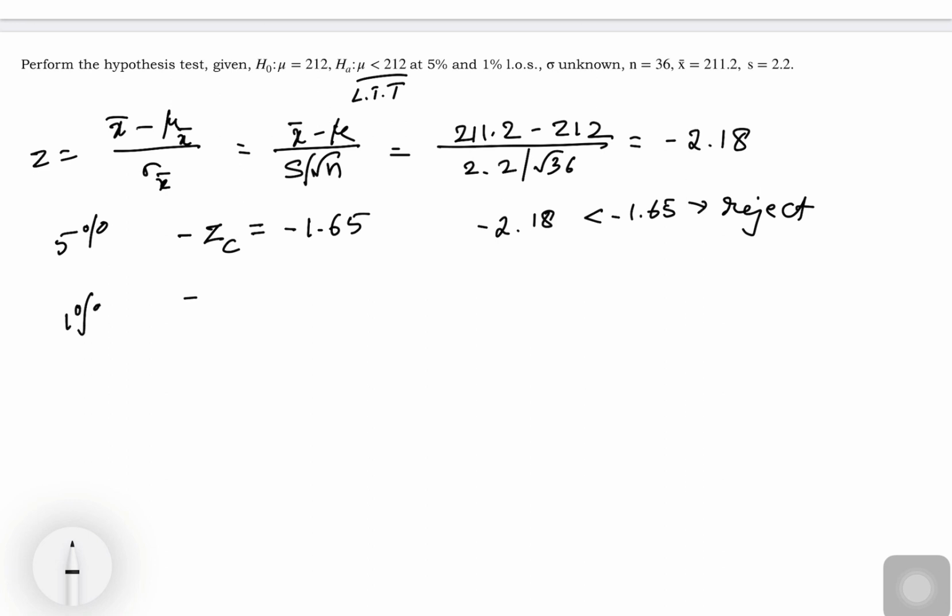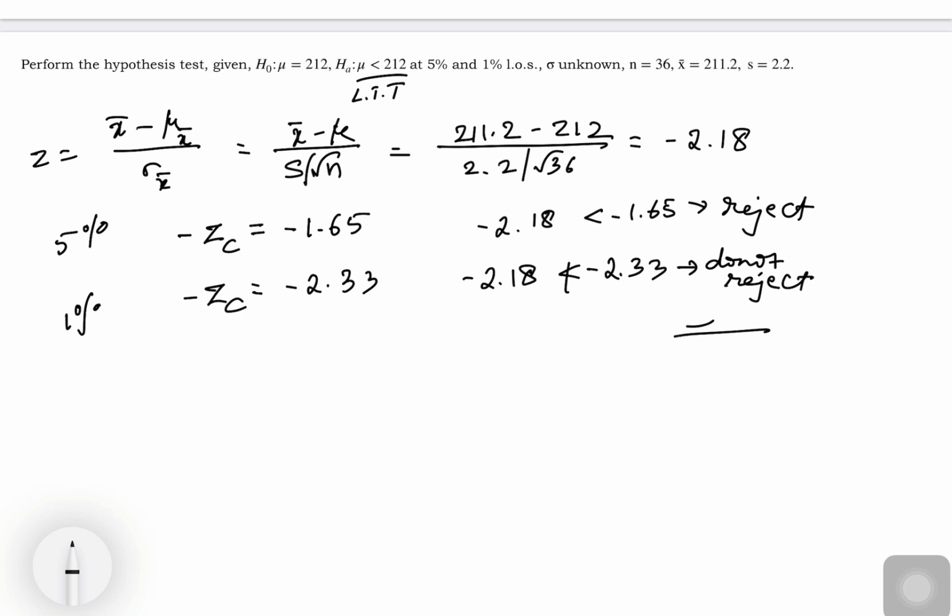At 1% level of significance, minus ZC is minus 2.33 and minus 2.18 is not less than minus 2.33. So we will not reject the hypothesis because this value is falling in the confidence interval. So this is minus 2.33 and your minus 2.18 will be here. We want anything in this region. Therefore we do not reject the hypothesis at 1% level of significance.